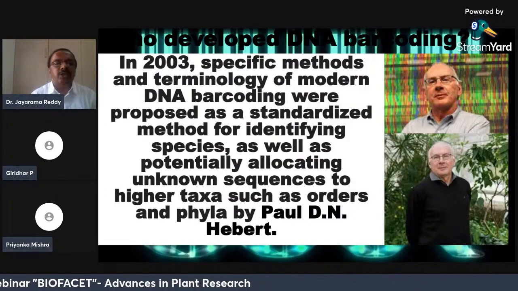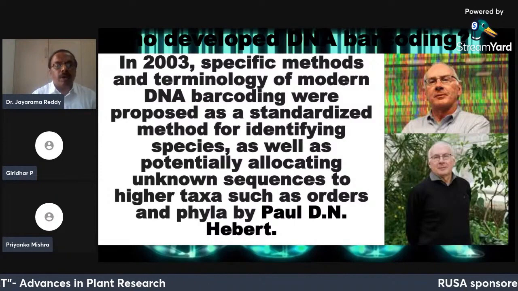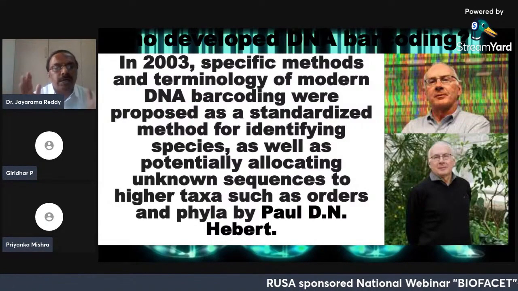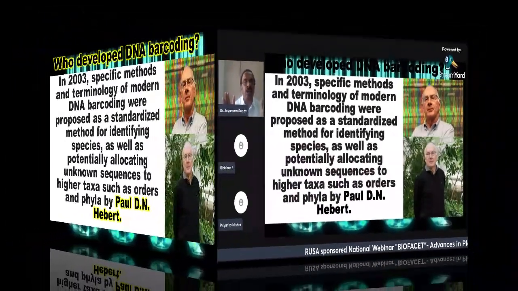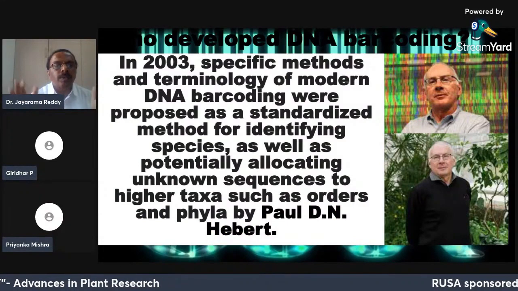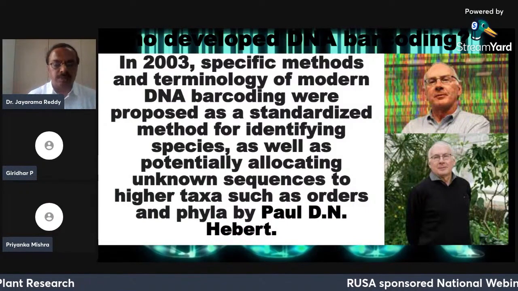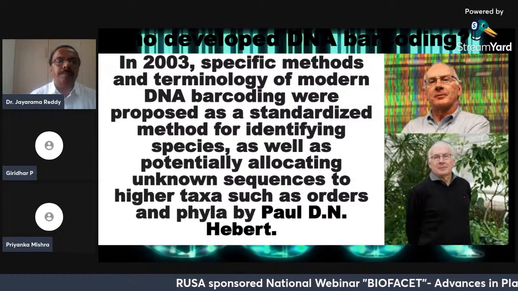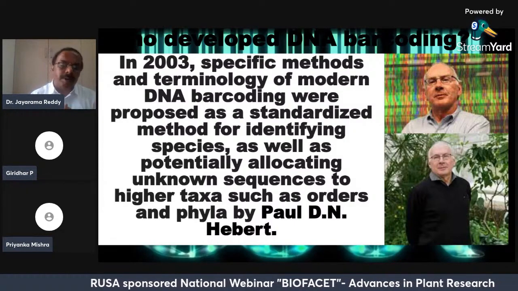But I would like to mention the contribution of Paul Hebert. The terminology, the modern DNA barcoding technology, the standardization of the method, identification of species, and potentially allocating unknown sequences to higher taxa. All the initial, primary work of DNA barcoding was done by Paul Hebert.